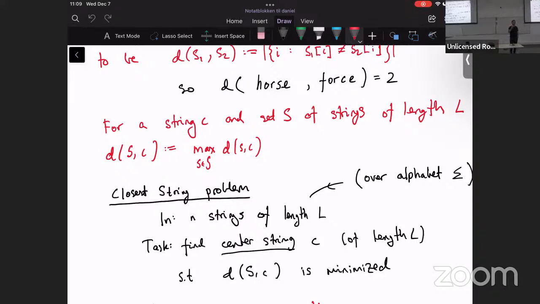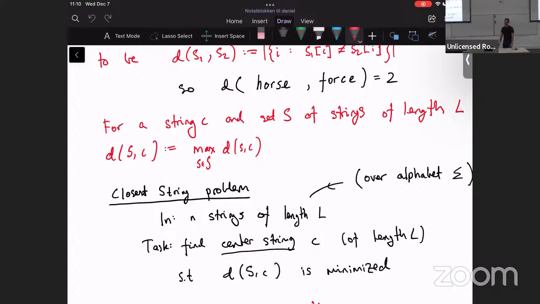The way we think about this is that you have the set, and if these are binary strings, you can think of them as points on a hypercube. Then this center string C will also be a point in the hypercube, and you're interested in how big of a ball around the center you need in order to cover all of the strings in your set. That is the distance from the set to the string.